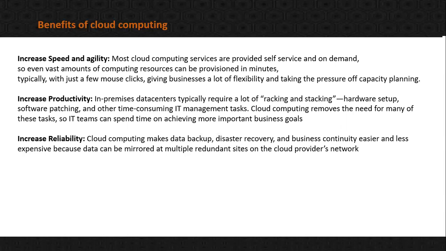Now, increase reliability. This is the main factor, guys. By using cloud computing, you can make data backup, disaster recovery and business continuity easier and less expensive, because data can be mirrored at multiple redundant sites on the cloud provider's network. Cloud providers like Amazon have different availability zones.